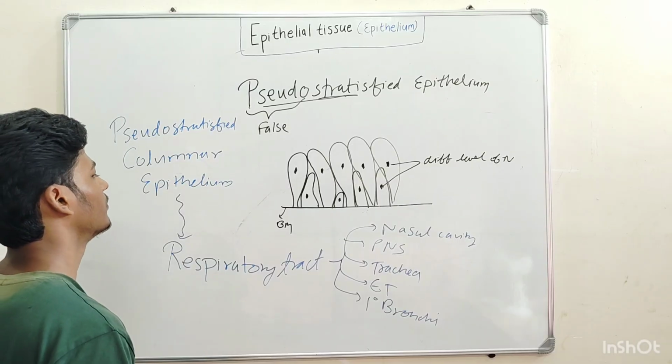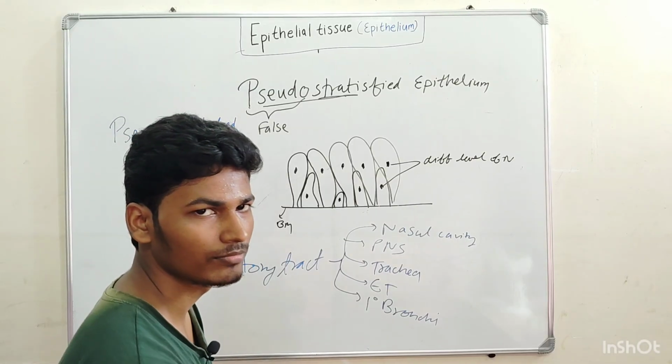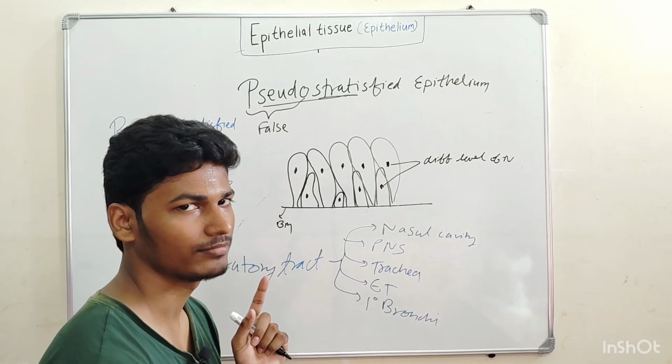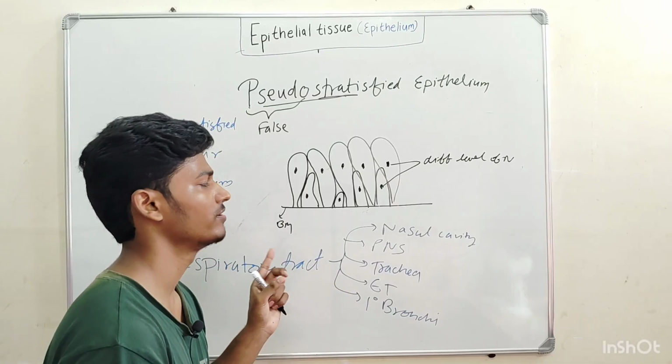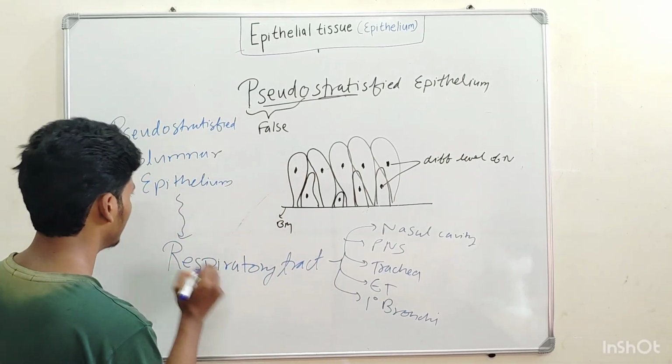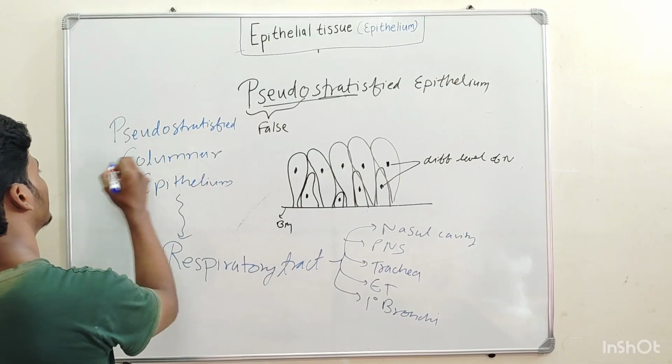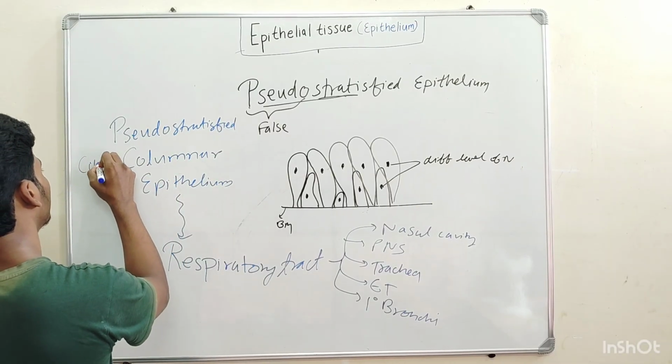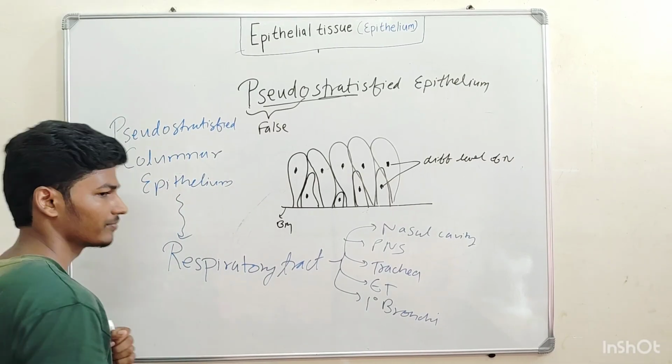And on their surface, one special structure, that is cilia, is present. That's why it is called a pseudo-stratified ciliated columnar epithelium.